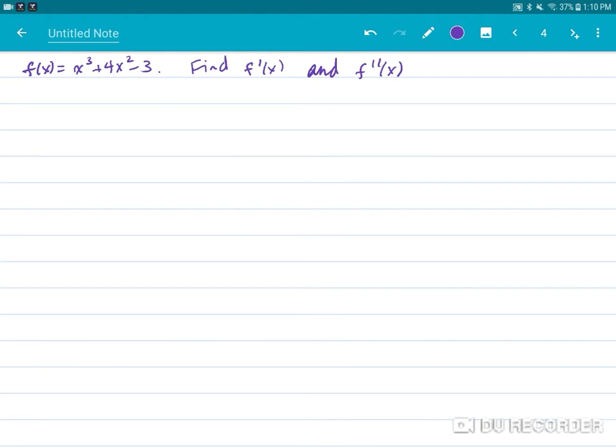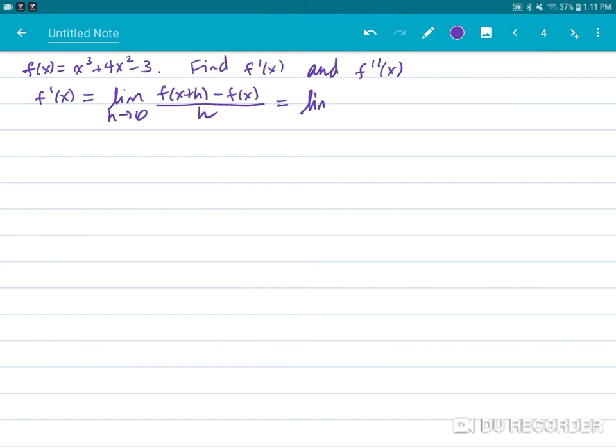So in this example, we're going to find the derivative of f and its second derivative. Carefully calculate the derivative as the limit of f of x plus h minus f of x over h as h approaches 0.